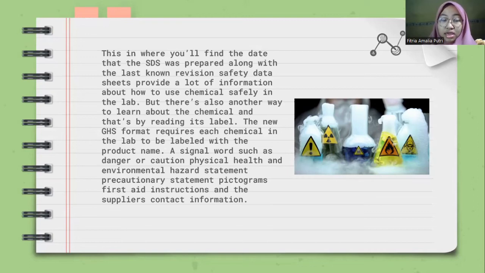The new GHS format requires each chemical in the lab to be labeled with the product name, a signal word such as danger or caution, physical, health, and environmental hazard statements, precautionary statements, pictograms, first aid instructions, and the supplier's contact information.